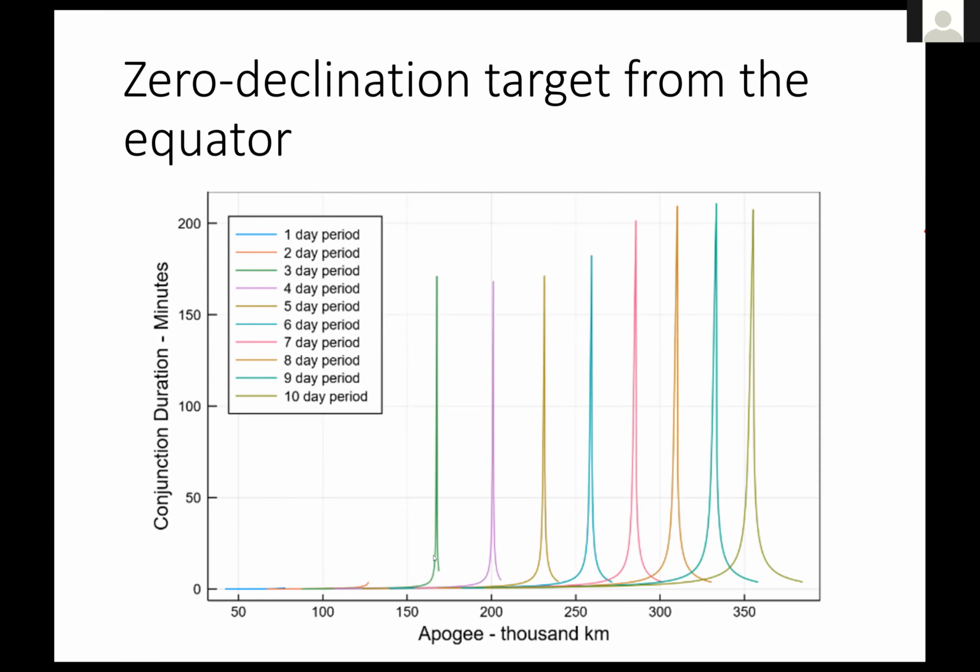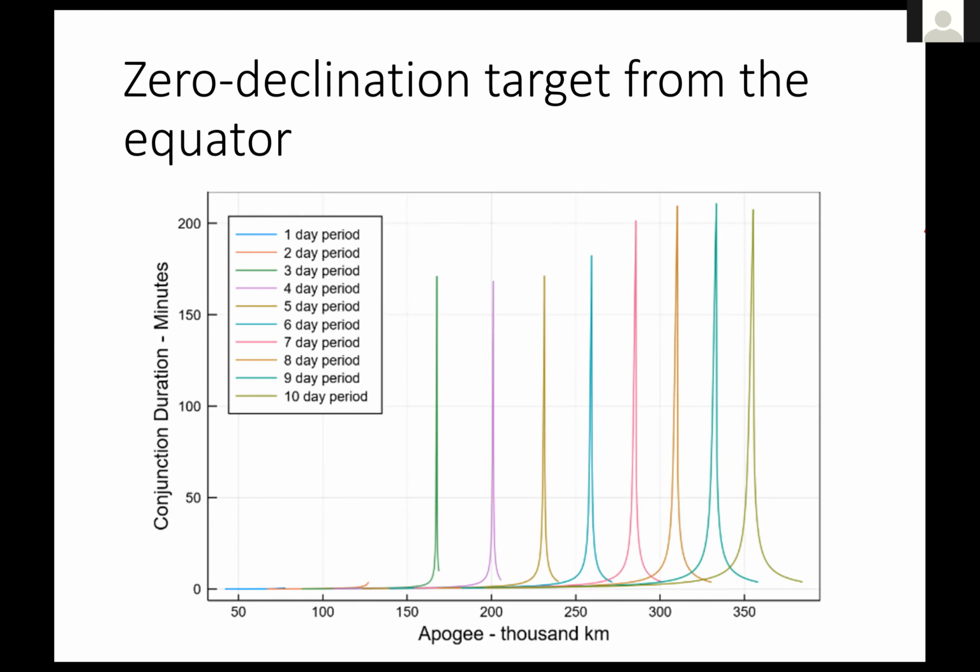On the horizontal axis, I've varied the eccentricity. There's an optimal eccentricity for every period, essentially. Already this is interesting because it seems like it's maybe somewhat within the realm of feasibility, because it could stay on target for up to 200 minutes, which I thought was quite surprising.